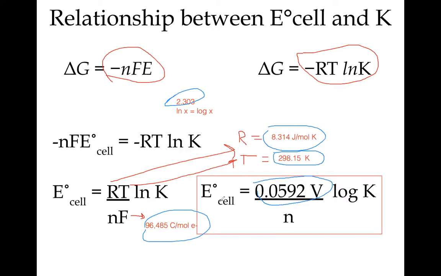So that's how we go from natural log to log of K. And when we do this, we end up getting that the standard cell potential is equal to 0.0592 volts over whatever our moles happen to be, times the log of K.